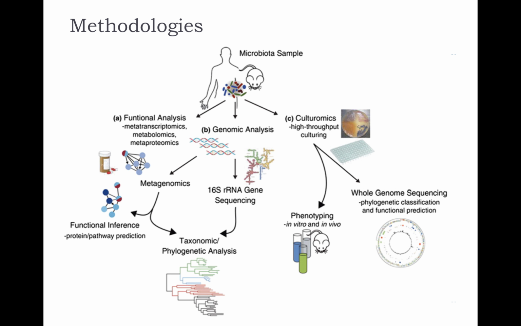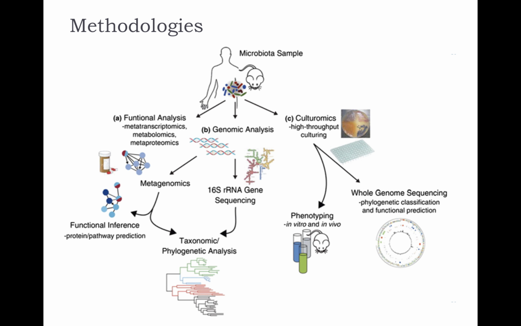The methodologies we've mentioned before, we've got the microbiota sample, and you can do culturing. There's a guy called Didier Raoul in Marseille who, after it initially became clear that people were interested in these microbial communities, but obsessed with doing it by the sequence-based methods, he pointed out, well, you can culture most of these things if you try hard enough, and you don't have to get obsessed with sequencing.